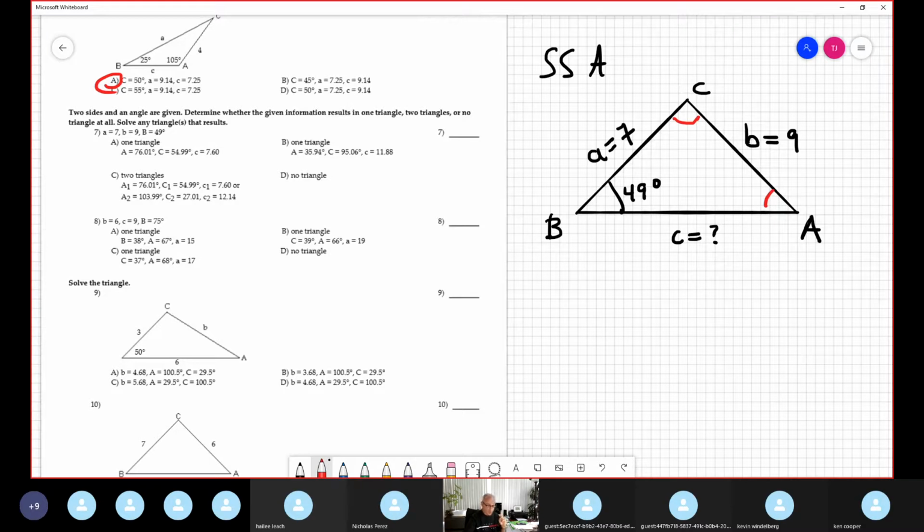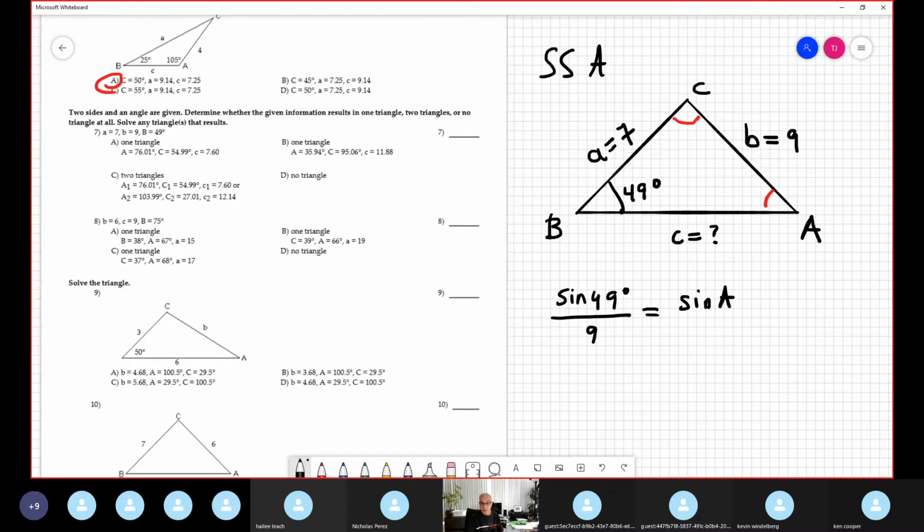Okay, one more time, you apply the law of sine using the information you have: sine 49 divided by 9, which is the opposite, is equal to sine of A divided by 7. I take advantage of the side I have.